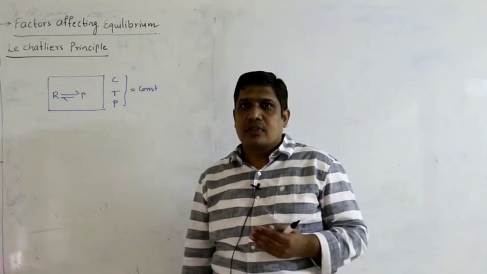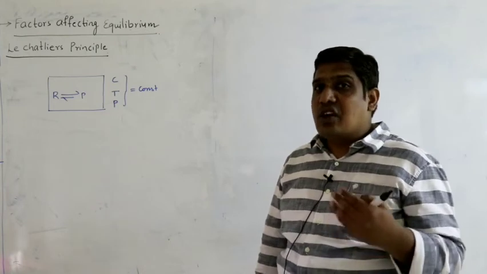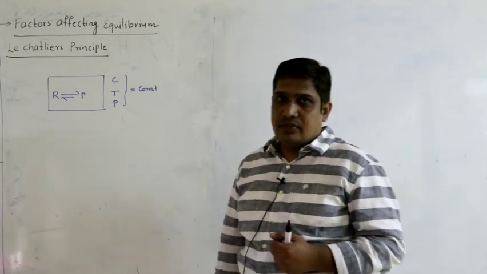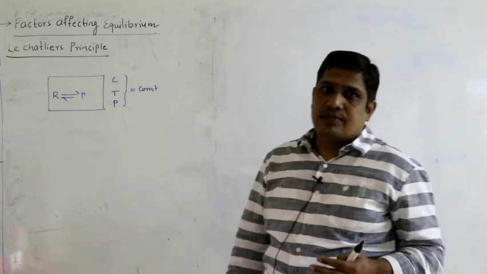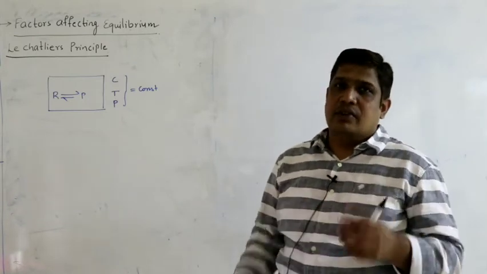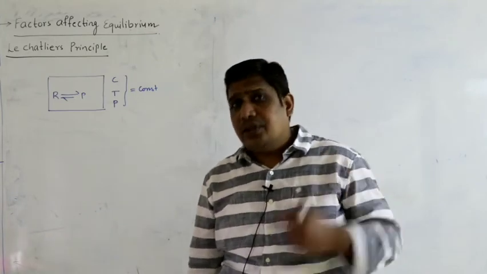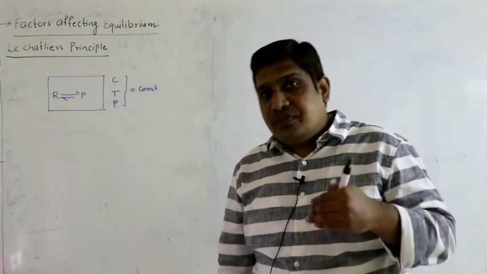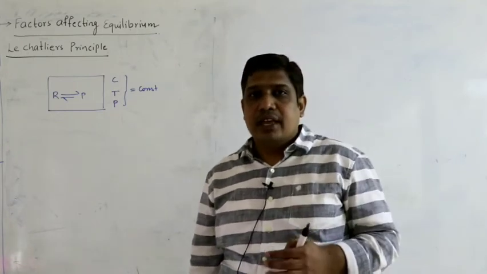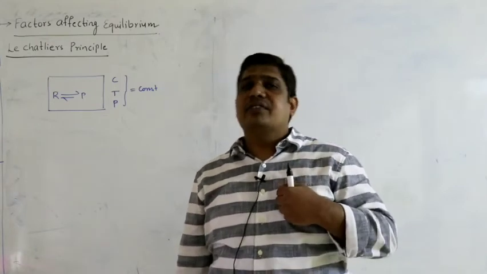Suppose the system is disturbed, if some disturbance is caused in the system, then the system will not remain at equilibrium. But it will try to re-establish the equilibrium by shifting the direction of equilibrium in a proper direction which nullifies the effect we are causing.